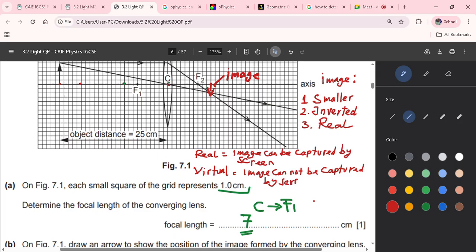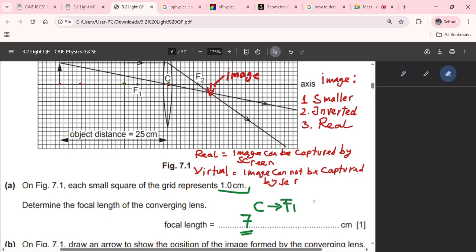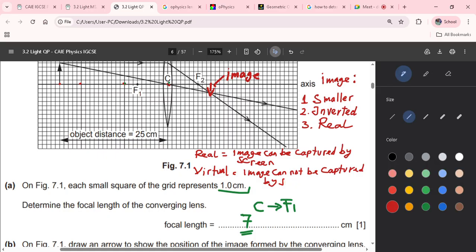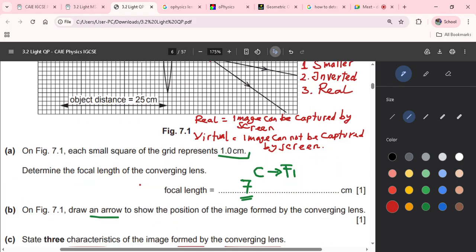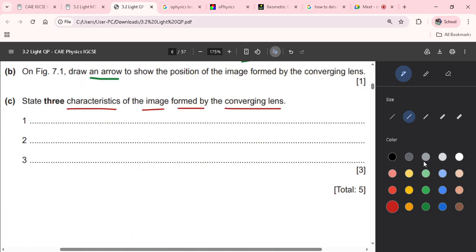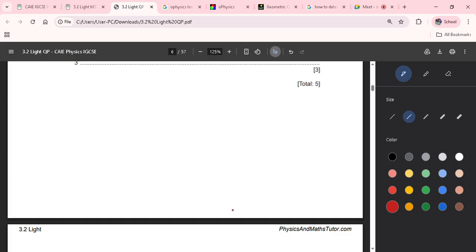So an example of virtual is a mirror. When we are in front of a mirror, the image is virtual. Okay, this is already done, 1, 2, 3, and then we go back to question number 4.